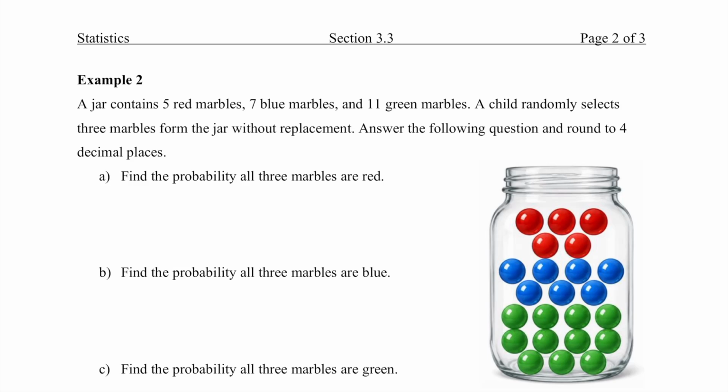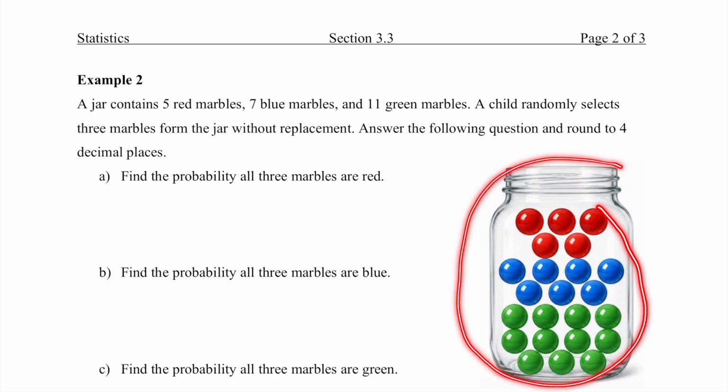A jar contains 5 red marbles, 7 blue marbles, and 11 green marbles. A child randomly selects 3 marbles from the jar without replacement. Before we begin calculating anything, let's make sure we understand the picture. Notice that the jar contains marbles of 3 different colors.